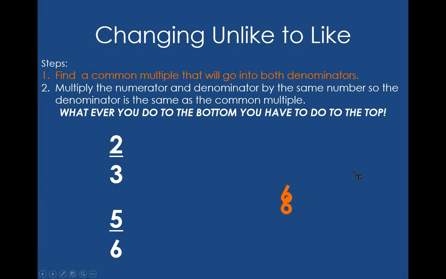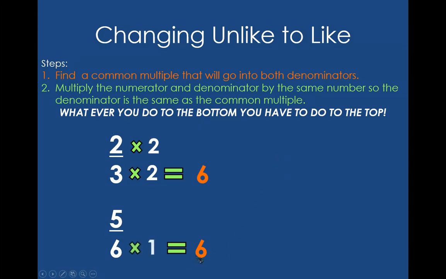Put it in each space. Then, multiply the numerator and denominator by the same number so the denominator is the same as the common multiple. Simple. 6 divided by 3 is equal to 2. Times 2 is equal to 4. The same goes for this one. 6 divided by 6 is equal to 1.